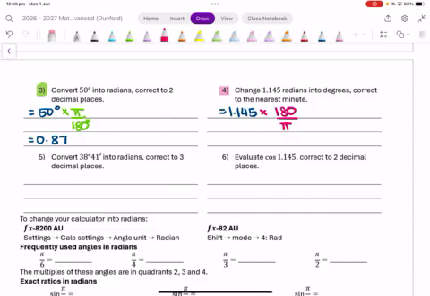And what we get to the nearest degree is 65 degrees, 36 minutes.